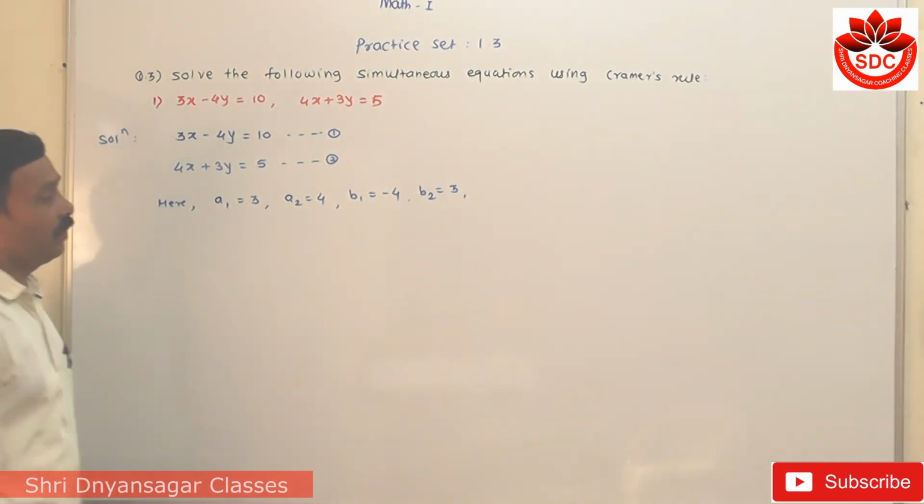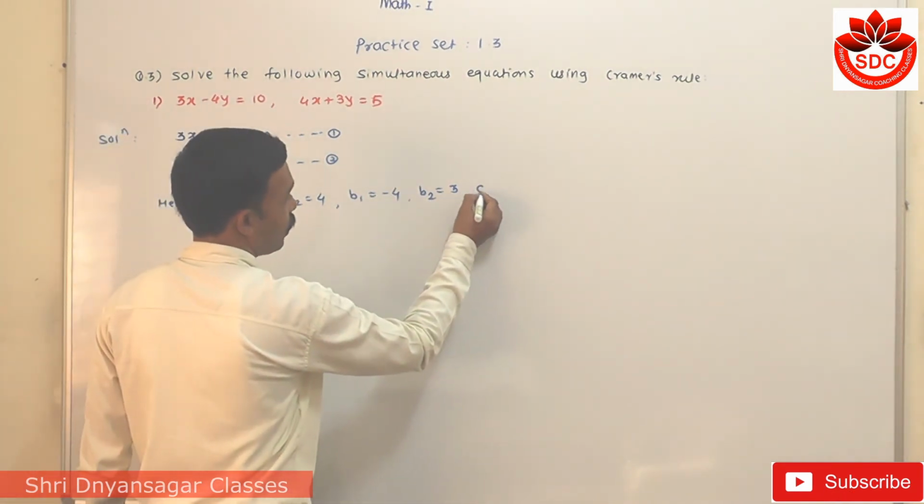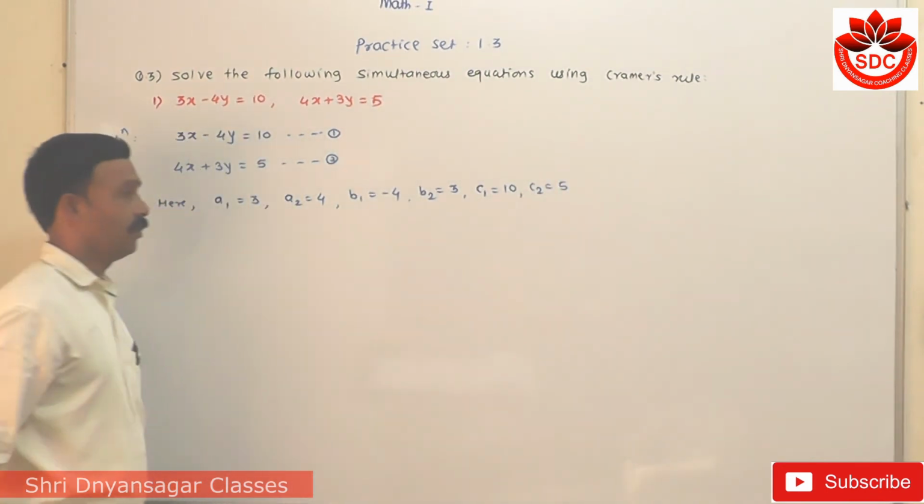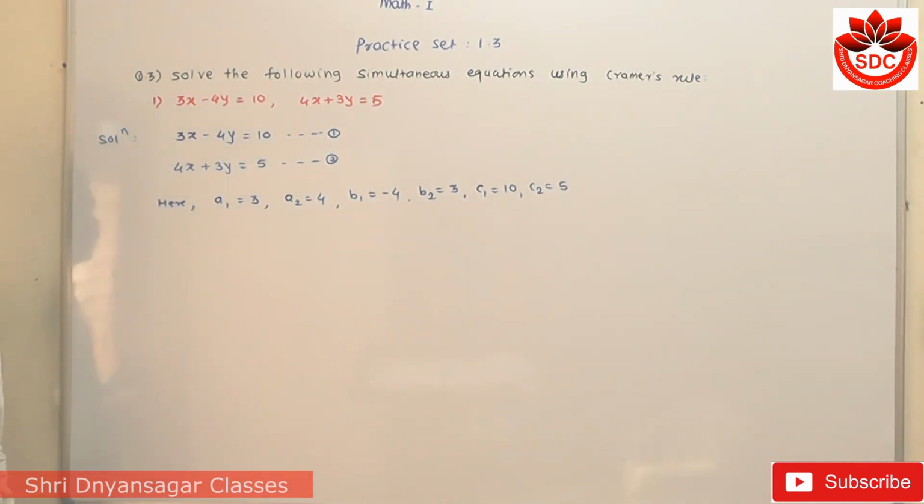And the value of c1 is equal to 10 and c2 is equal to 5. These are the values of a1, a2, b1, b2, c1, c2.